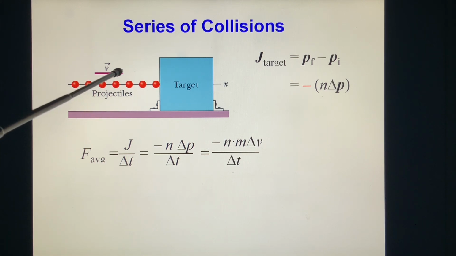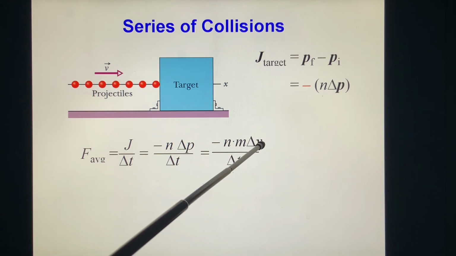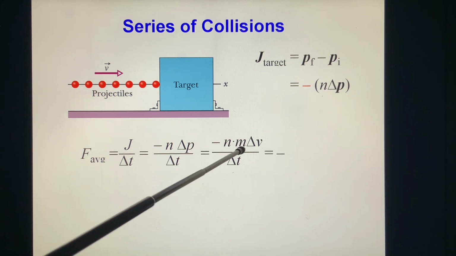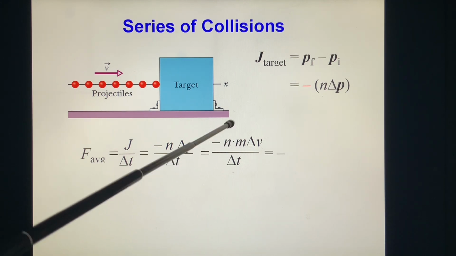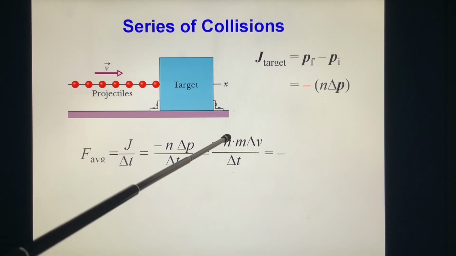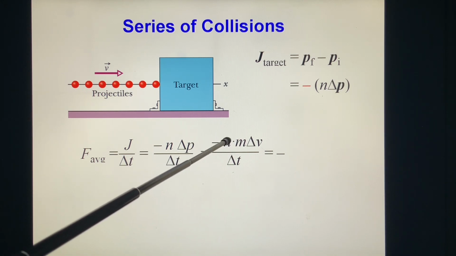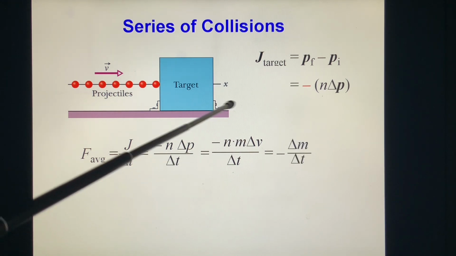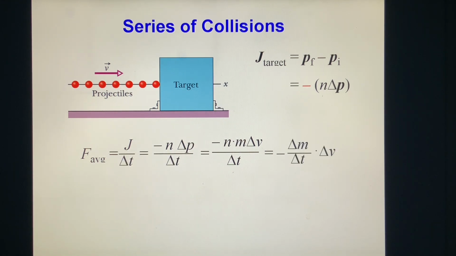Each projectile is the same, with mass m and velocity change delta v. We have n projectiles per unit time, each with mass m. So this is big M, delta m over delta t, times delta v. This is a mass change rate, where delta m equal to mn.